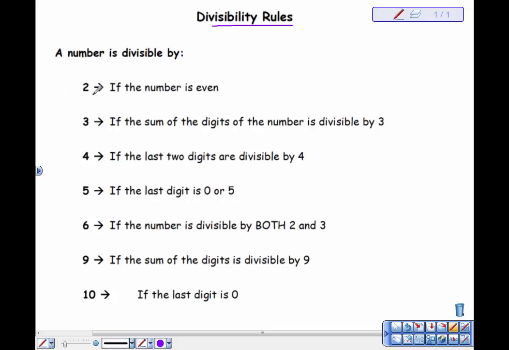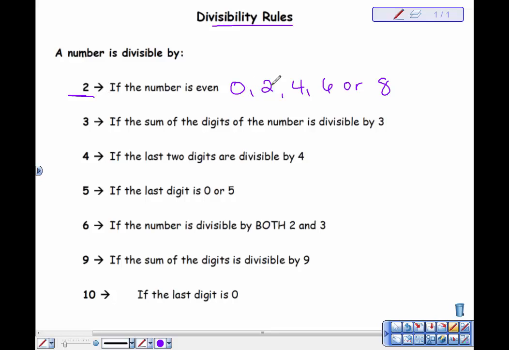So we can divide a number by 2 if the number is even. Remember that an even number is any number that ends, the very last digit, in a 0, 2, 4, 6, or 8. So 48, 1,926. Any number that ends in 0, 2, 4, 6, or 8 is even. If it is even, it can be divided by 2.